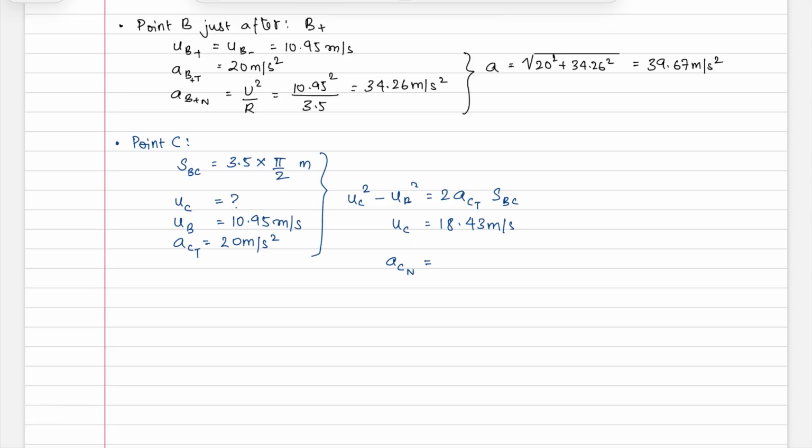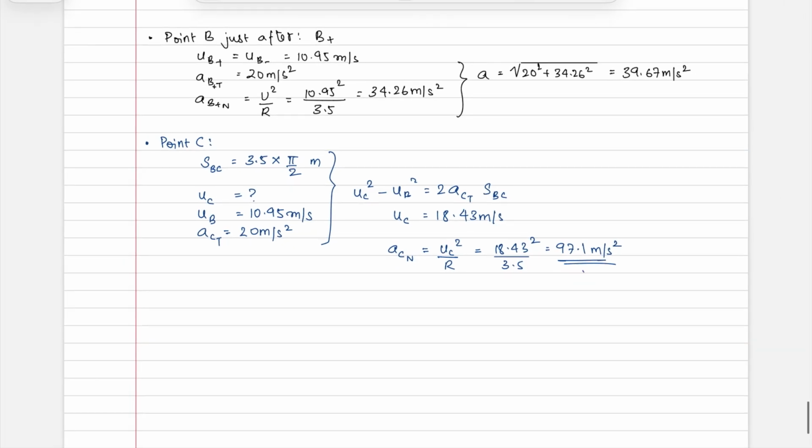You can use either of these. In this case, you have the speed and the radius, so you can just use uc squared by r, giving you 18.43 squared divided by 3.5, giving you 97.1 meters per second square.